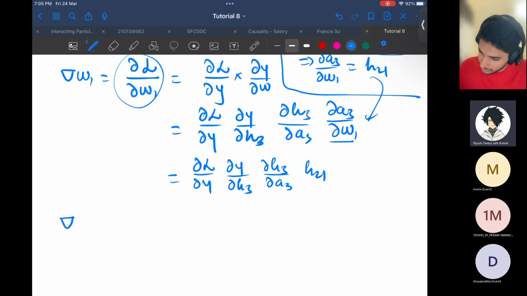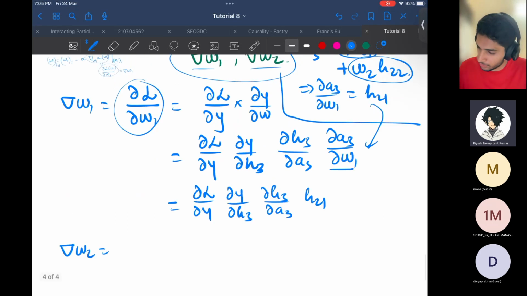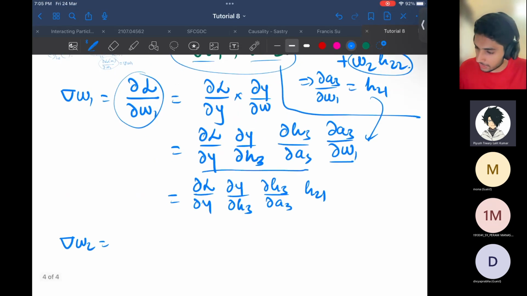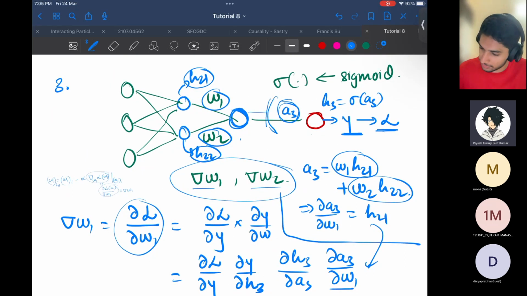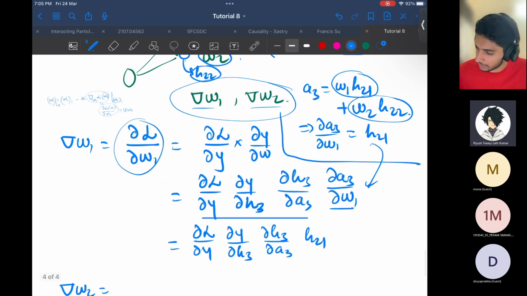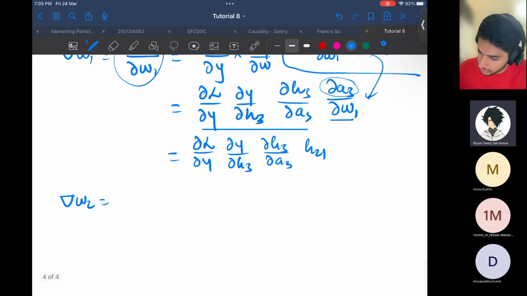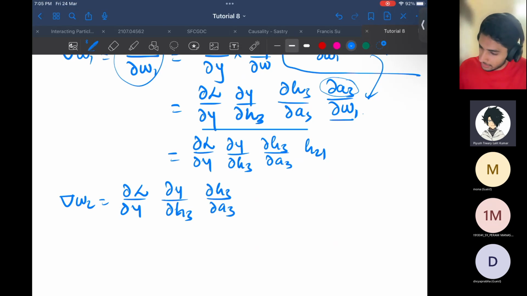Similarly, what will be the gradient with respect to W2? I hope you will agree that these things will remain as they are, because till here everything is the same. However, when we take the gradient of A3, it will be with respect to W2 instead of W1. So this will be del L by del Y, del Y by del H3, del H3 by del A3, and del A3 by del W2.